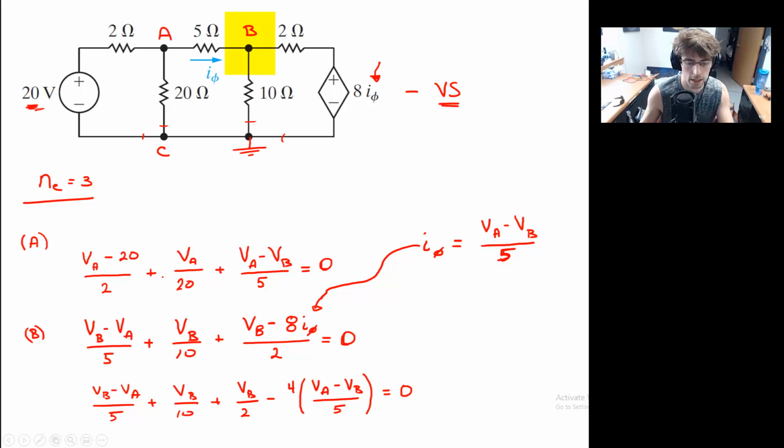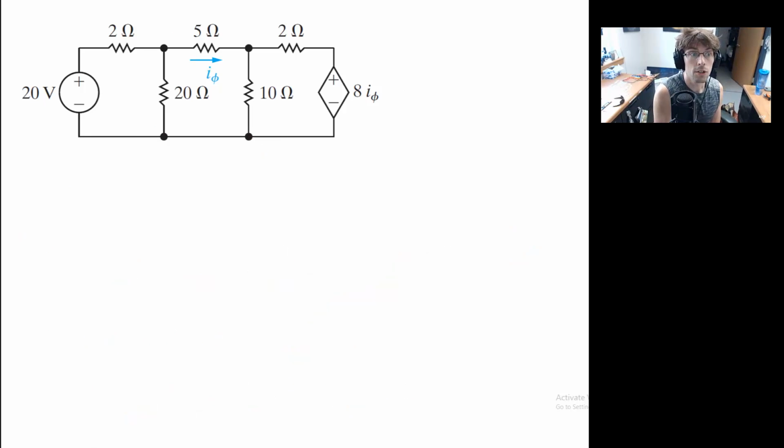Let's just go ahead and take this and copy this to another page. So now that I know that VA is 16 volts right here, and VB is 10 volts, okay, now I can find the current through all the branches.